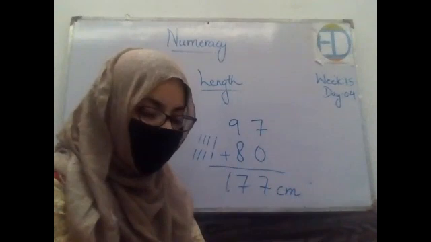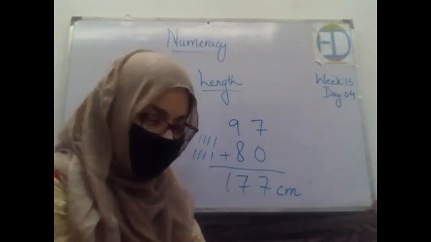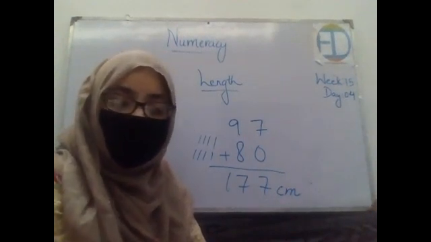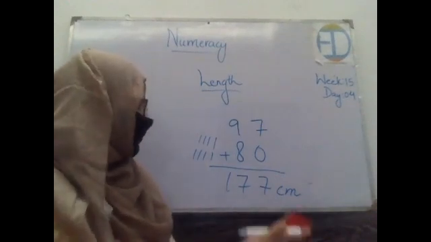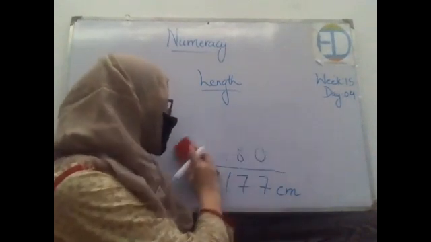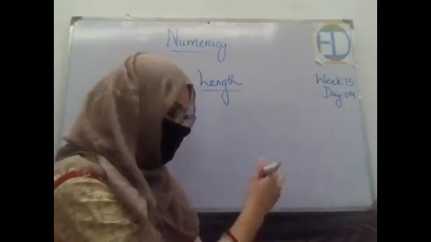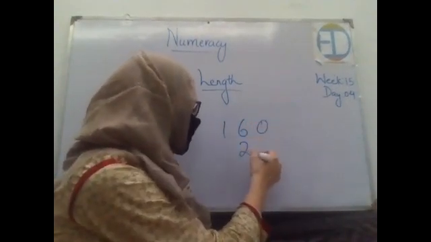Mother says she is 26 centimeters taller than Pam. Mother is 160. So what is Pam's height? Whether we will add or subtract? Subtract. Excellent. So let's do this. 160 minus 26.